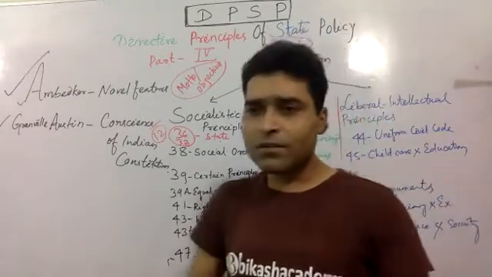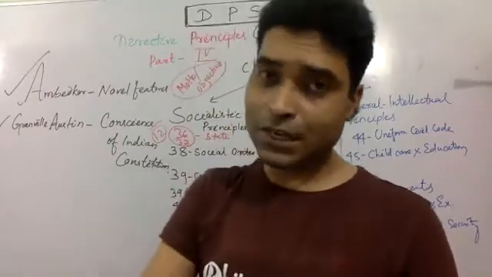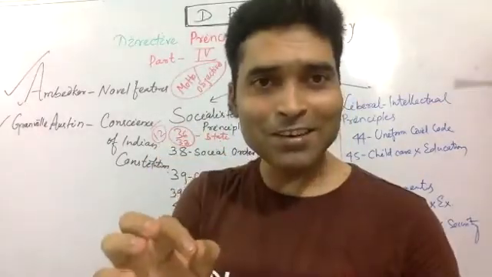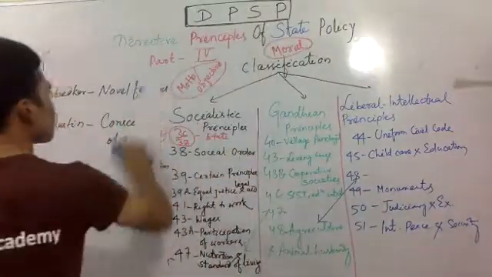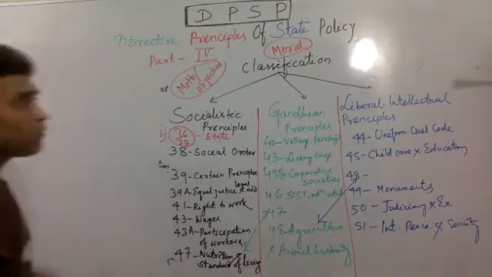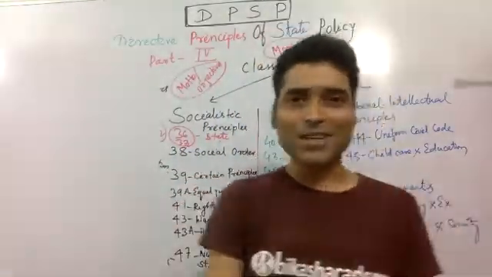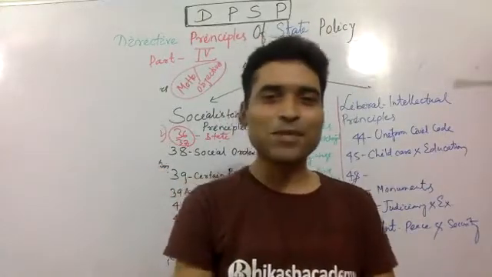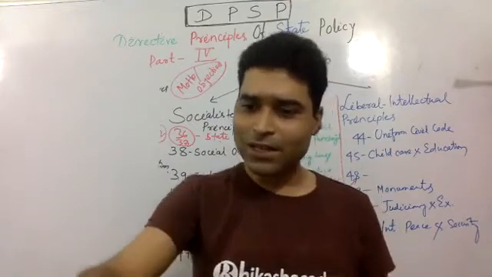Now we'll talk about the classification. We'll discuss in detail the classification of DPSP. You see, Directive Principles of State Policy can be classified into three categories. Very simple.